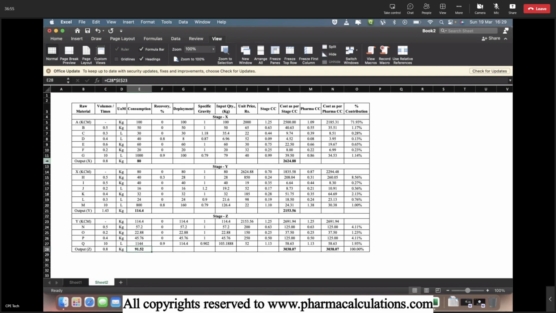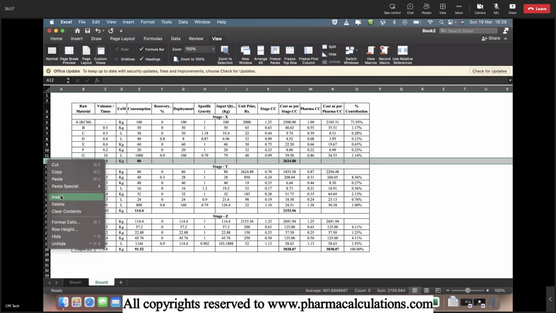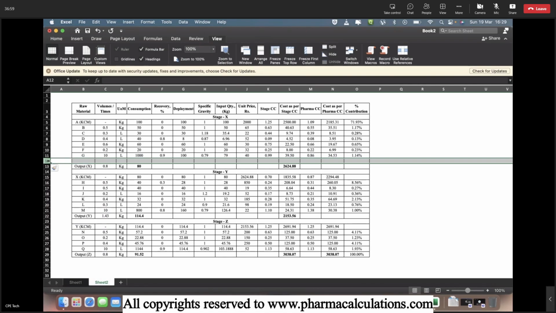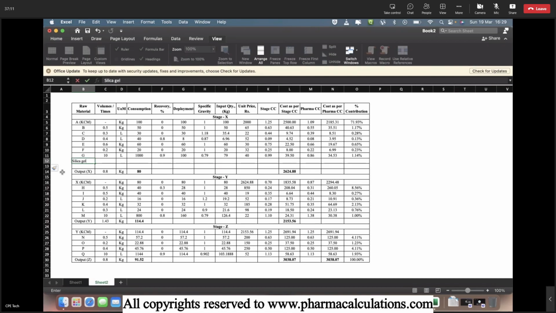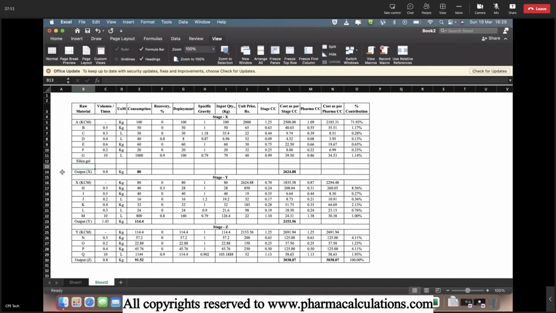For that, what you have to do is just insert some more rows. So let's say I want to add some moisture absorbents like the silica gel pouches, and I'll also be using the polybags.